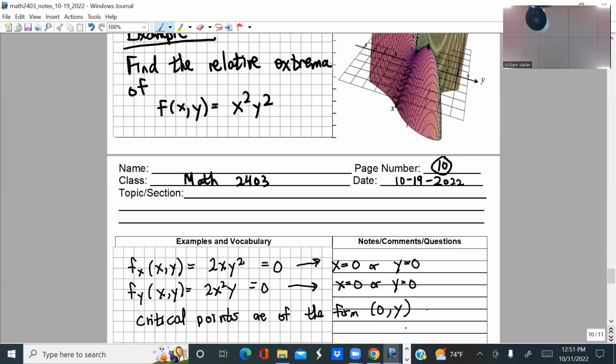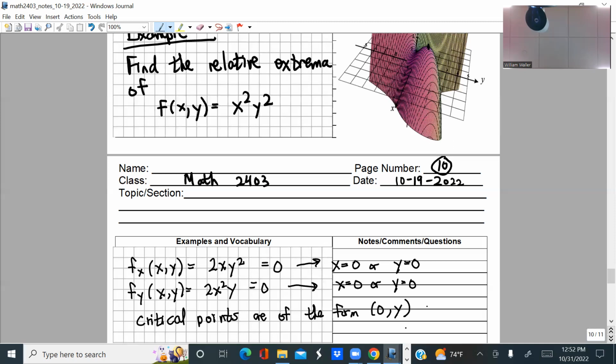So what is that set of points, where x is 0 but the y can be anything? In the two-dimensional xy plane, what is this set of points? I'm talking about what part of the xy plane. It's the y-axis, because x is fixed at 0 but y can be anything. So the whole y-axis is going to be all critical points.